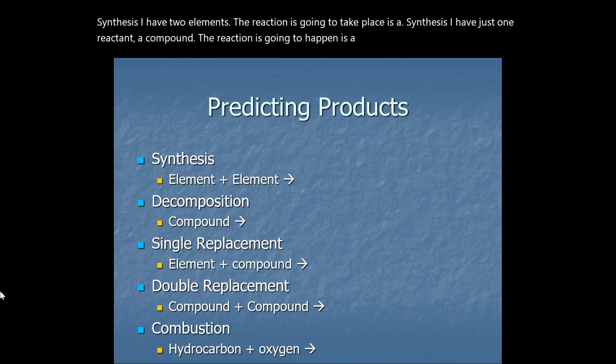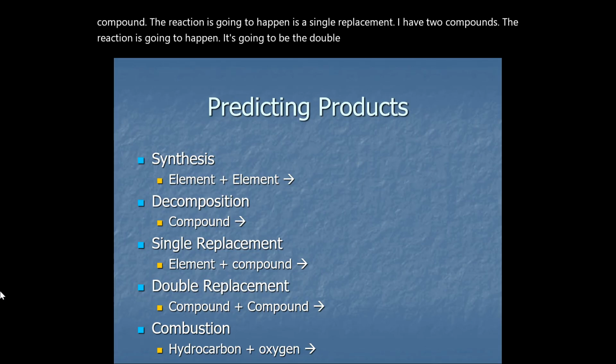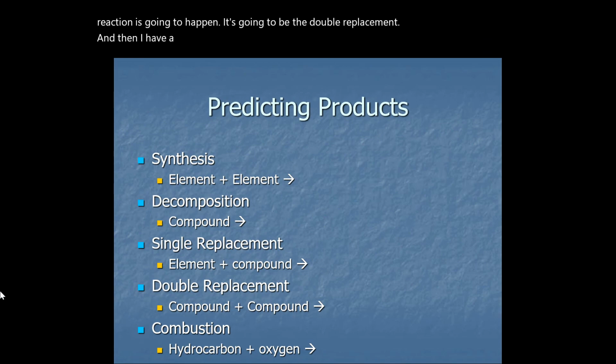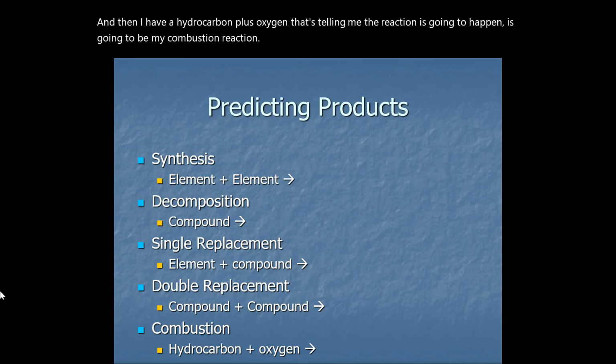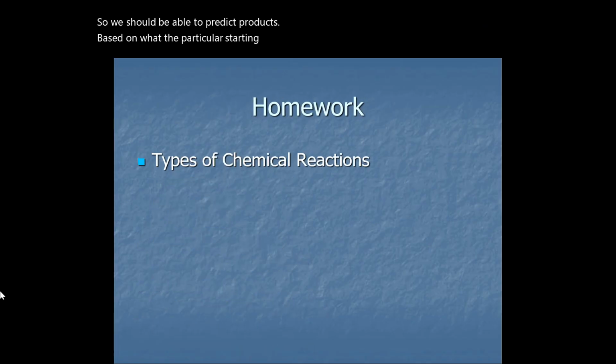I have an element and a compound, the reaction is going to be a single replacement. I have two compounds, the reaction is going to be a double replacement. And then I have a hydrocarbon plus oxygen. That's telling me the reaction is going to be a combustion reaction. So we should be able to predict products based on what the particular starting points are.